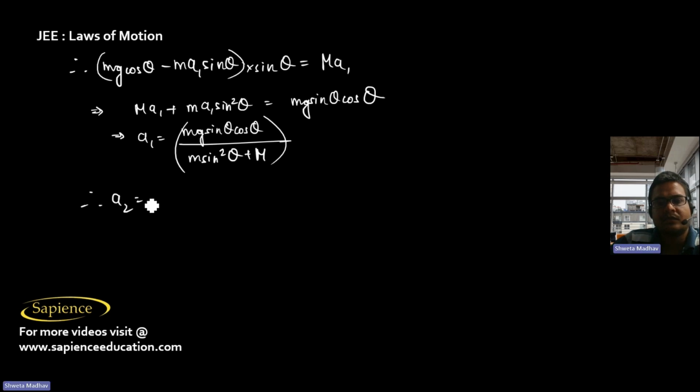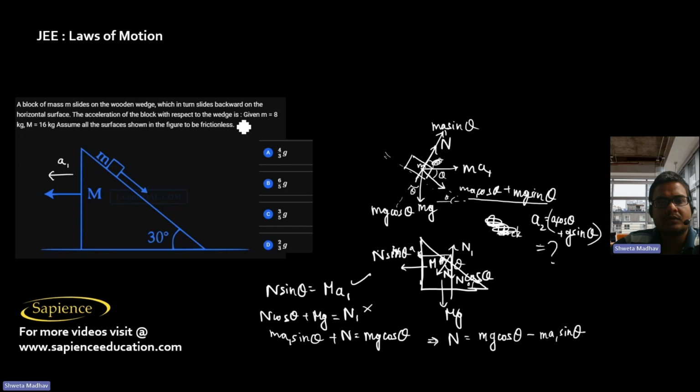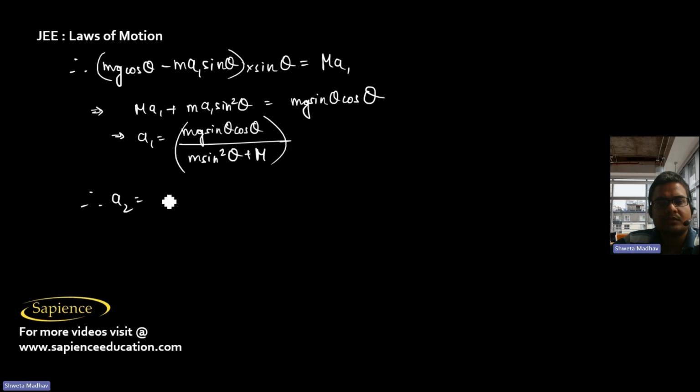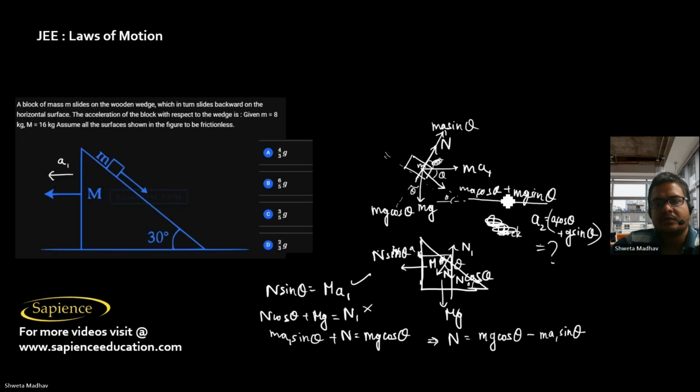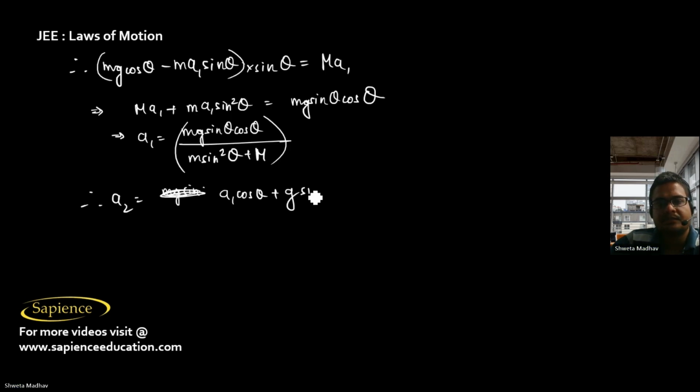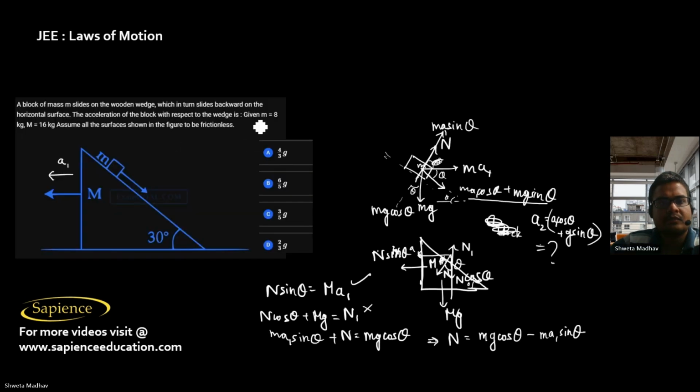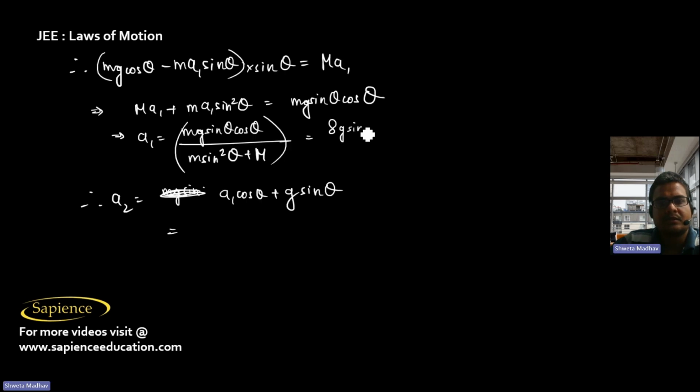So now a2, which we have to find, is the acceleration of the block relative to the wedge. So this will be a1 cos theta plus g sin theta. Now m is 8, capital M is 16. So a1 is 8g sin 30 cos 30 divided by 8 sin square 30 plus 16.